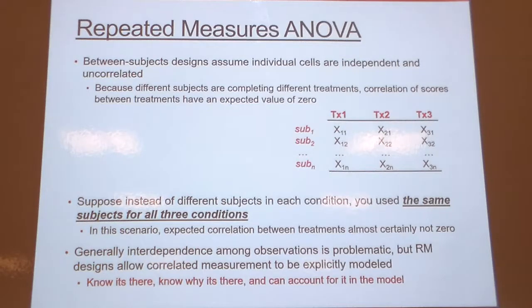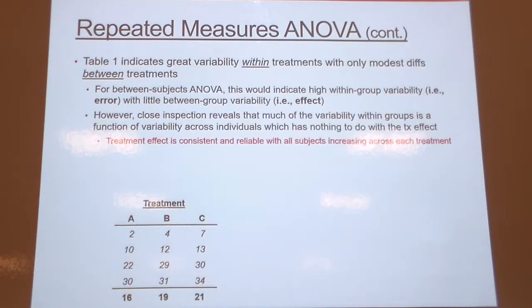We can cut that out if we've got repeated measures and we model that, and then instead of that being error that's just lumped into our denominator, we can section that out, and all of a sudden we have a much more precise test of subtle differences across measures. Okay.